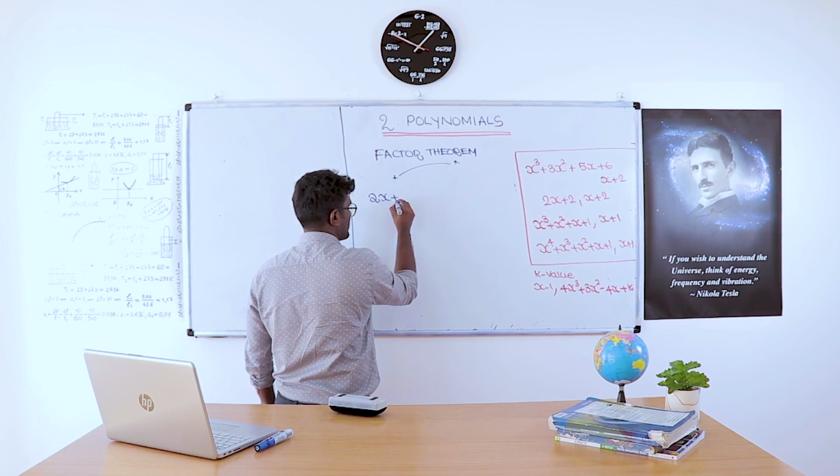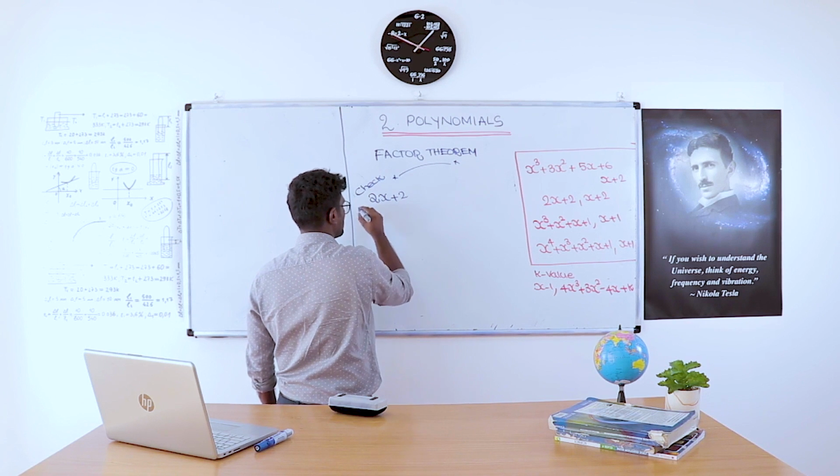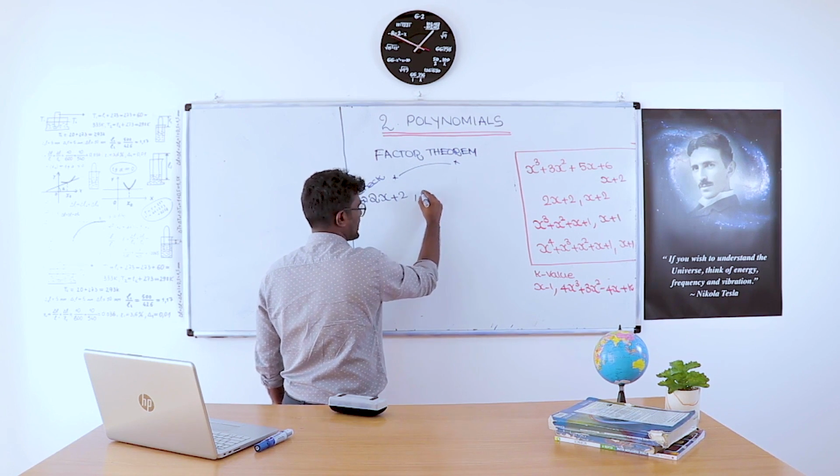Check whether x plus 2 is a factor of 2x plus 2. This is the polynomial p of x, given p of x equals 2x plus 2, and the factor is x plus 2.